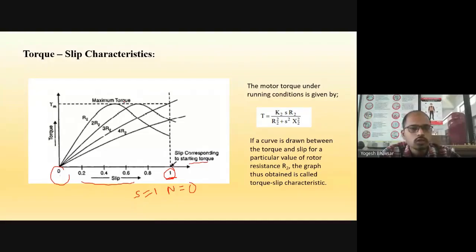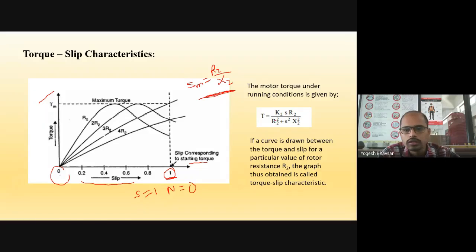Maximum torque will occur at a particular point on the curve, where the slip is R2 by X2. That means whenever R2 is equal to X2, the running torque will be maximum. This condition we have already derived.